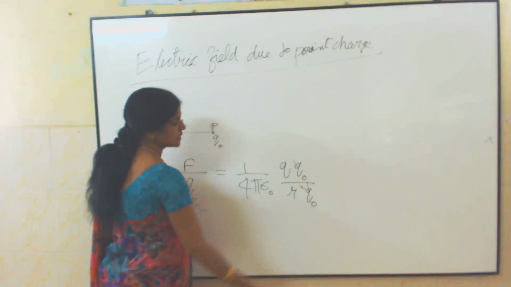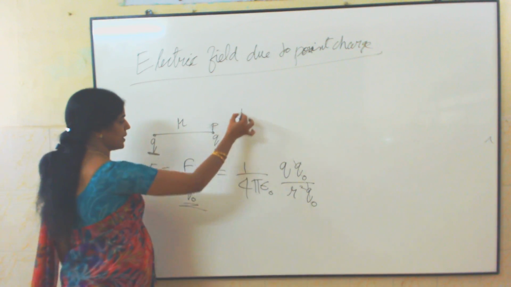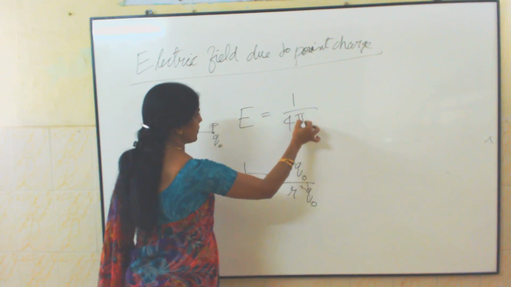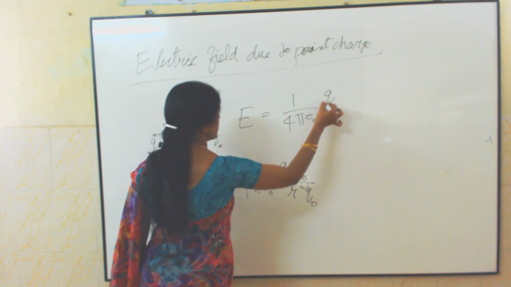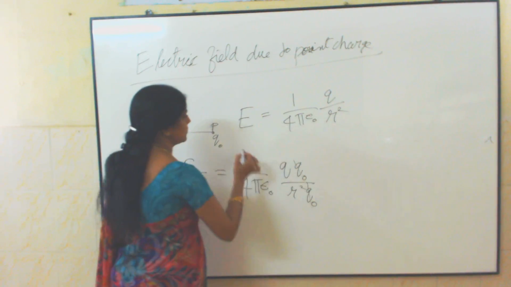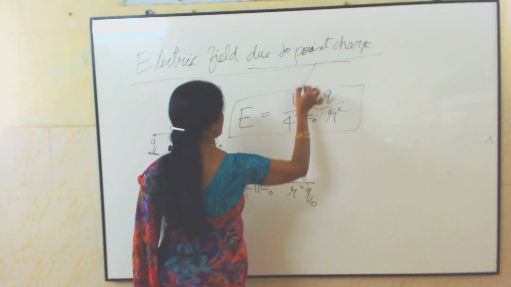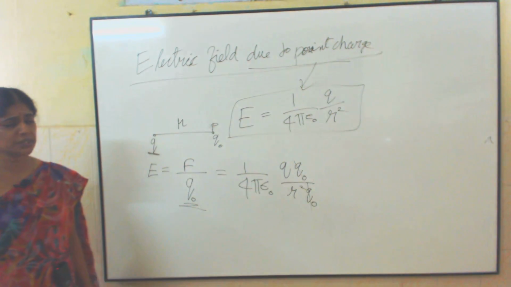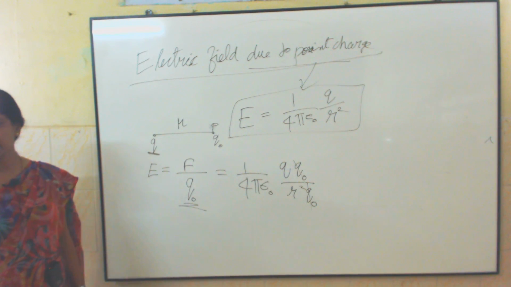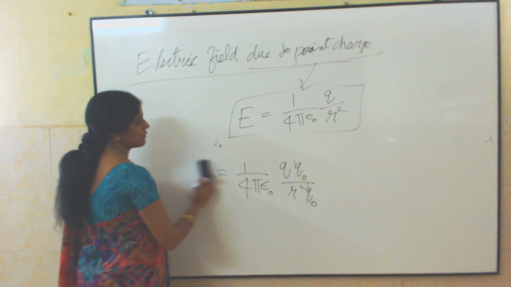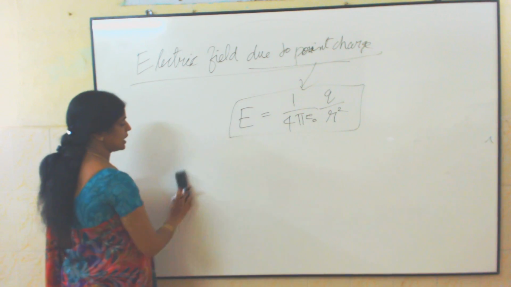So, these two get cancelled. So, finally, I will be getting E equal to 1 by 4 pi epsilon naught Q by R square. So, this will be the electric field intensity due to a point charge. So, do not forget this formula E equal to Q by 4 pi epsilon naught R square.